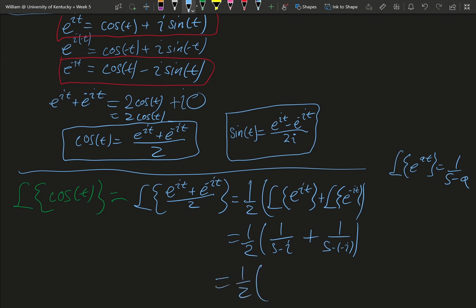And that's going to become s plus i. I can choose a common denominator.